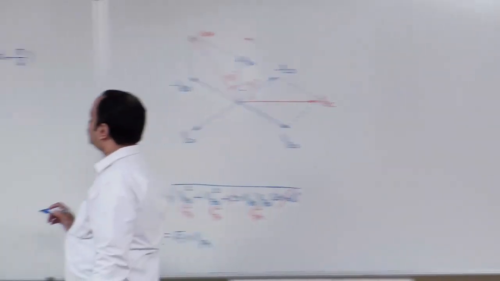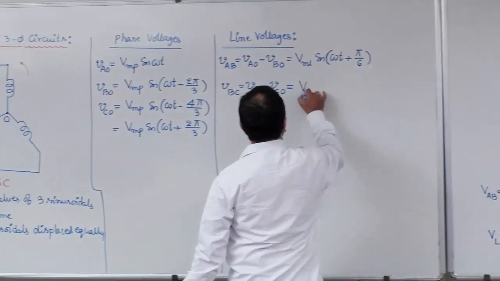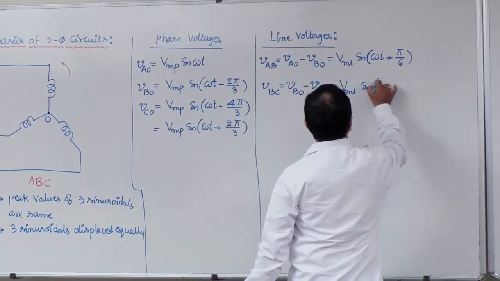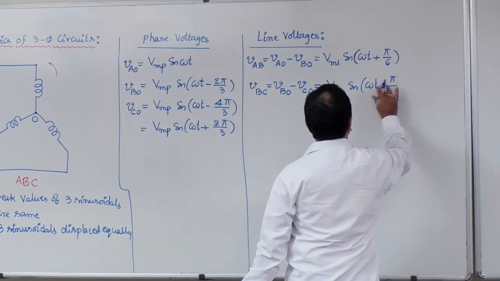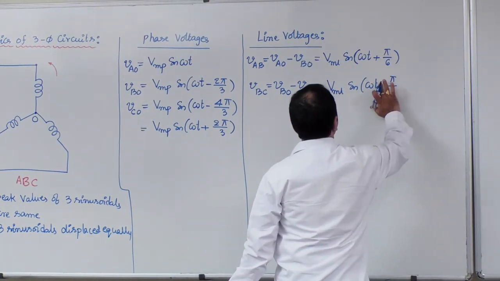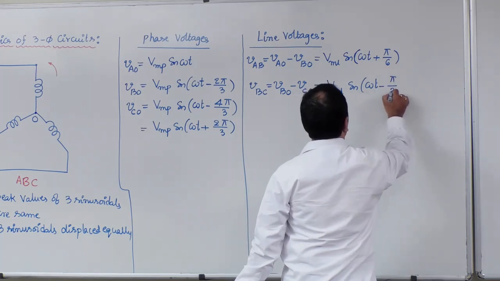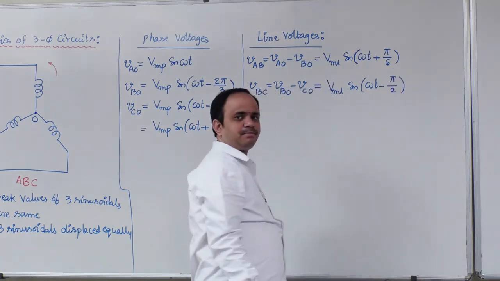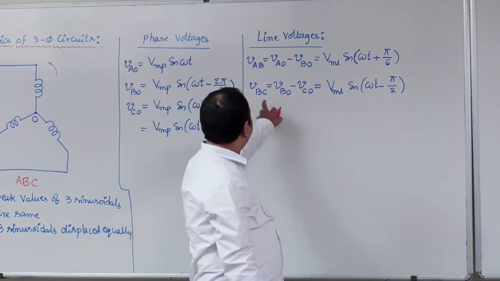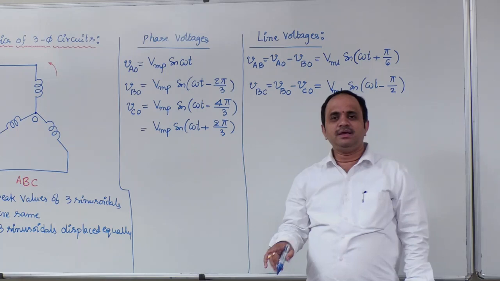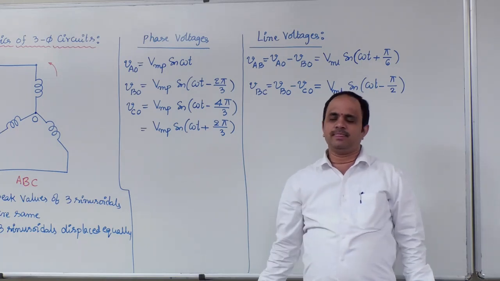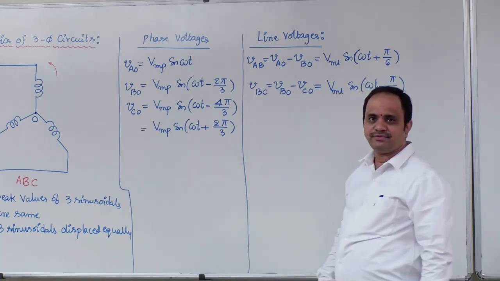So I can write down that expression here as VML sine of omega t minus pi by 2. So the BC phasor lags the AO phasor by pi by 2 or 90 degrees. That is the BC definition.